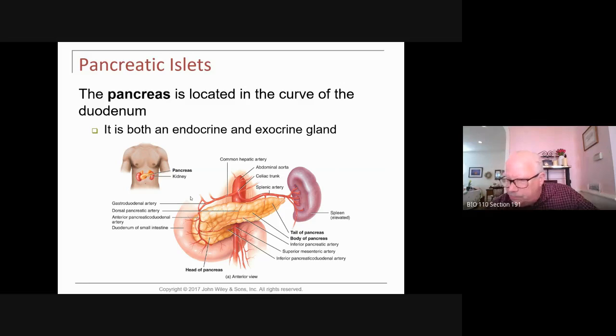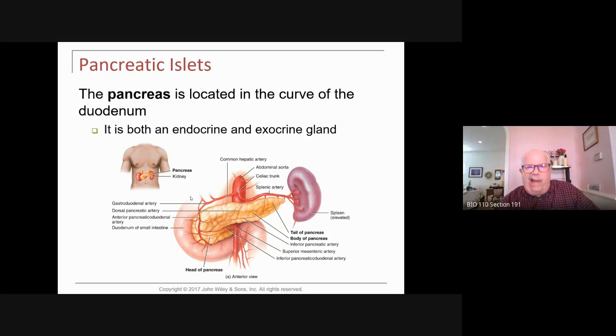Okay. The pancreas. The pancreas is an accessory gland of the digestive system. 90% of the pancreas produces enzymes. And those enzymes go into the ducts that we talked about to go into the small intestine.